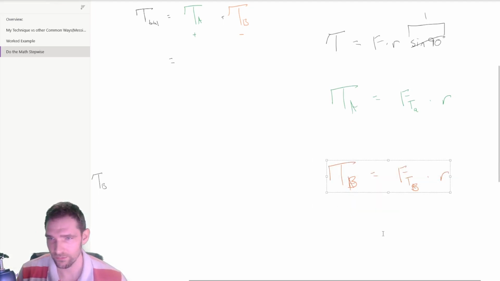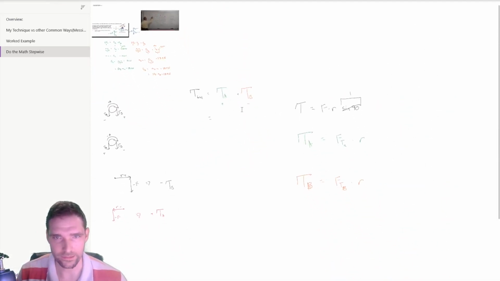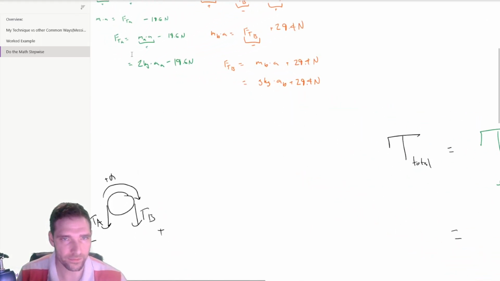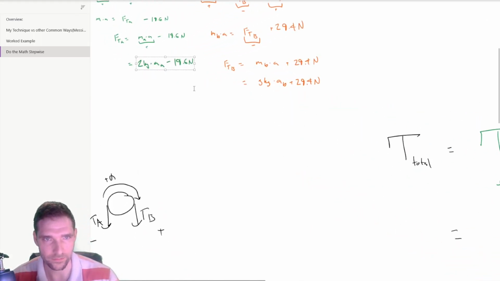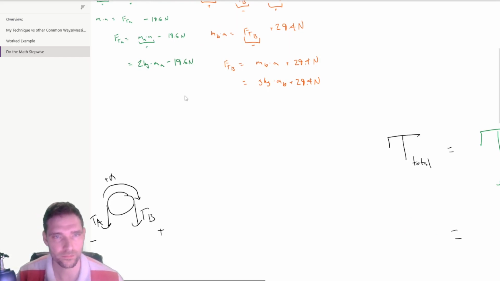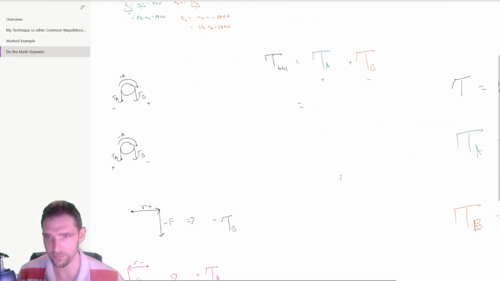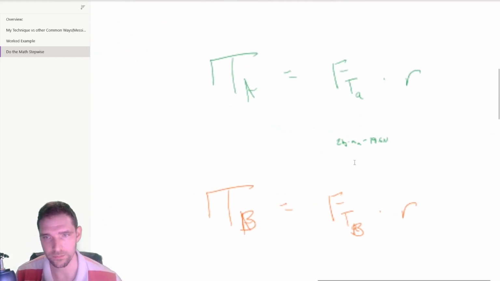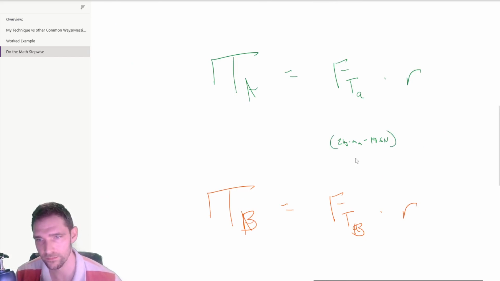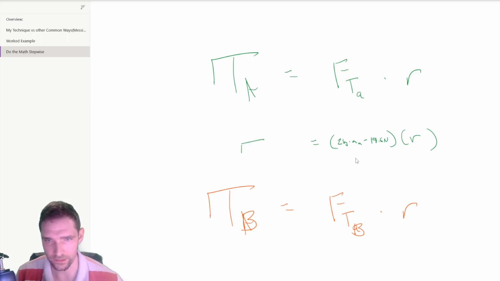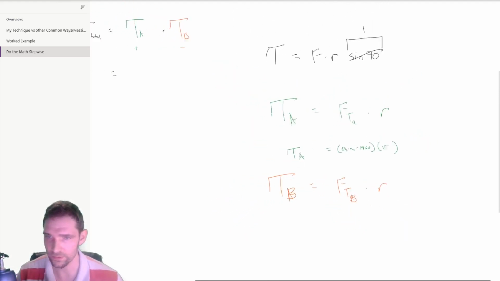We're getting close, but now I think what we do is substitute, because we have the F of T here and it was a positive value right there. So that sign-wise should be working out for our problem. That is then multiplied by the radius, which would give you the torque of A, because that's the force and that's the respective radius.